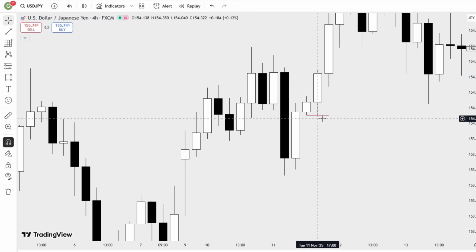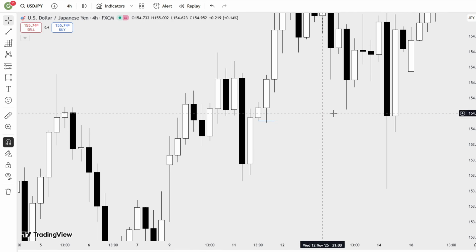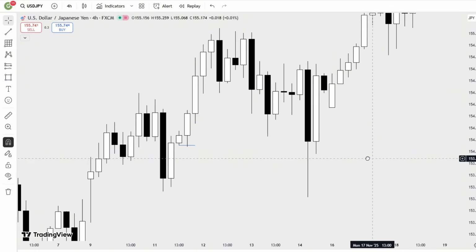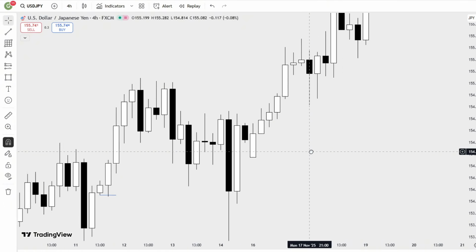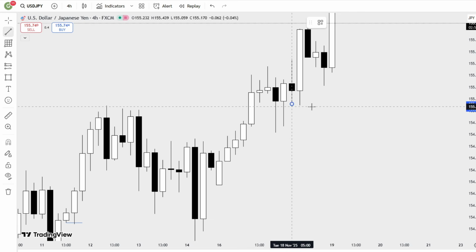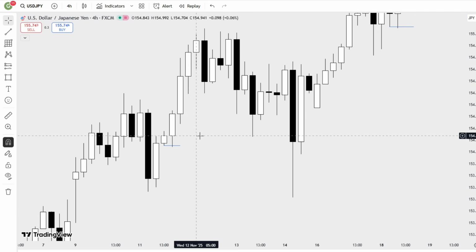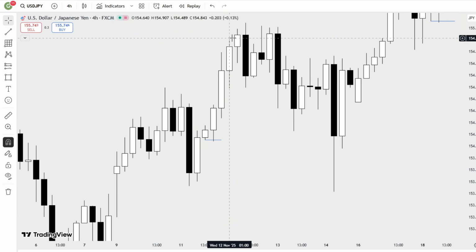If I'm not wrong, just let me put this blue to avoid confusion. And I think I have, probably here, I guess two, if I'm not mistaken, right? This. Let me see.